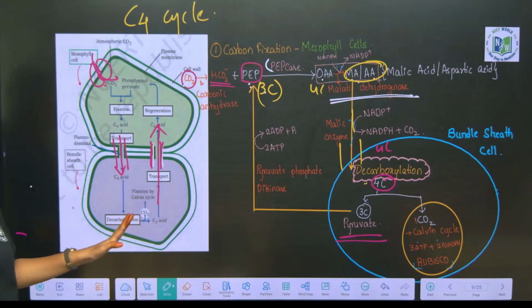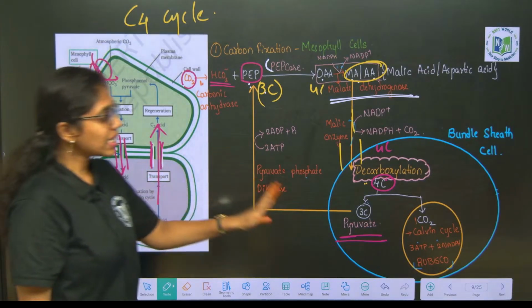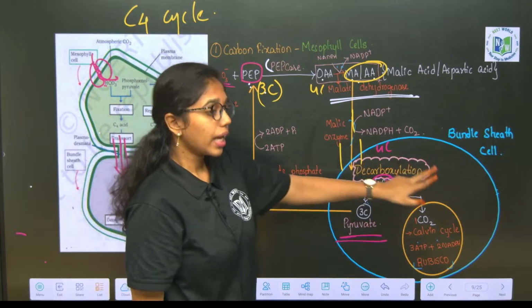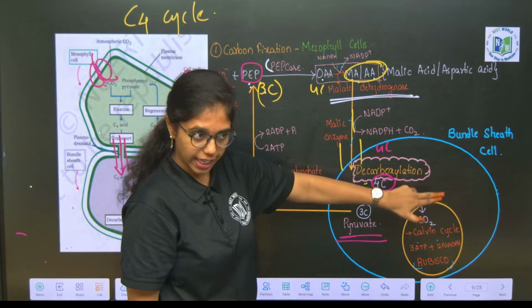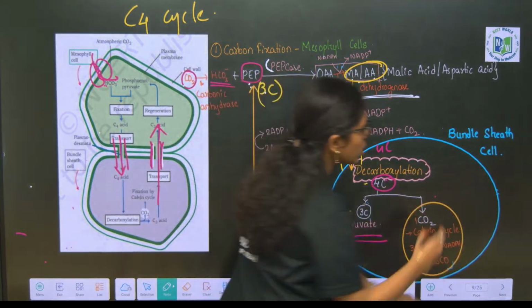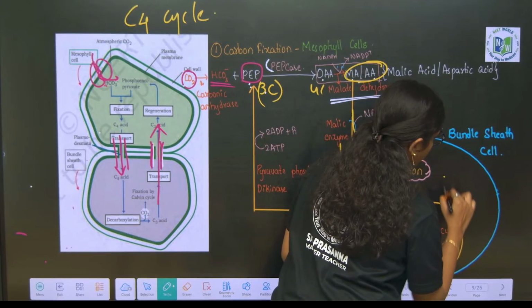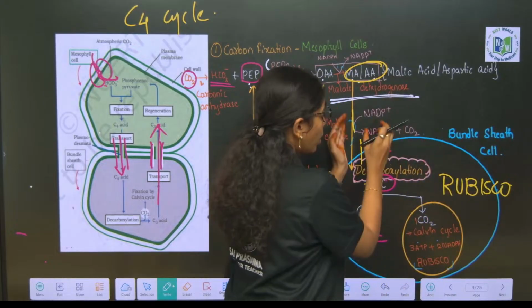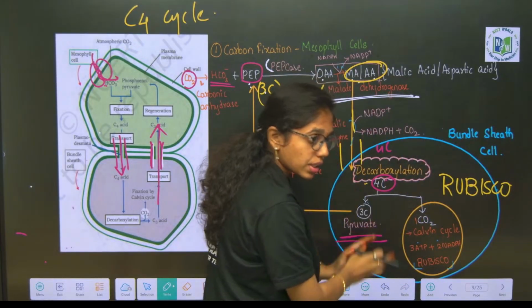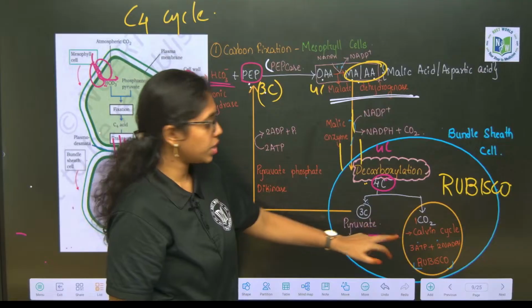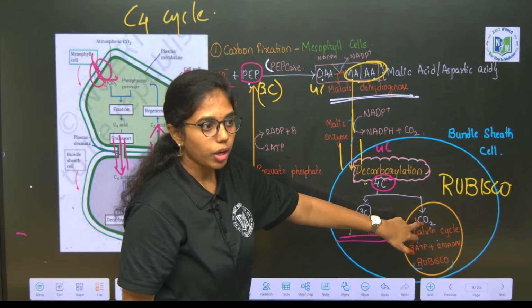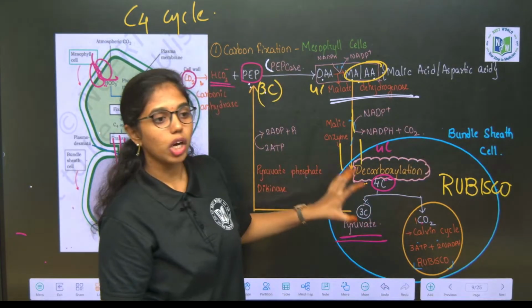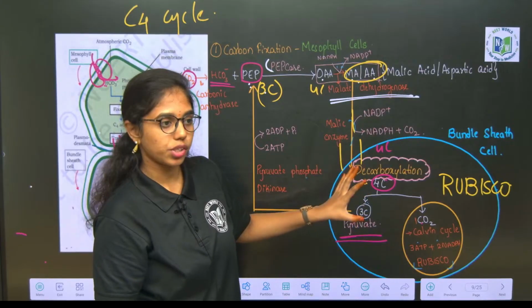Plasmodesmatal connections. Okay. Now it is clear to you, of course, that bundle sheath cells, which have agranal chloroplast, are rich in what enzyme? Rubisco. This is rich in Rubisco. But the only gas which is entering inside the bundle sheath cell will be carbon dioxide, because no other gas can enter, as its walls are impervious for gaseous exchange.